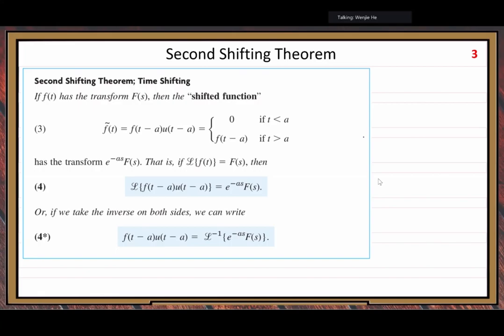So little f has capital F as its transform. But now we consider f tilde, where we multiply the u function with parameter a by f. It has the Laplace transform with an extra factor, e to the negative as, which comes from the u function, times capital F of s from the original little f function.